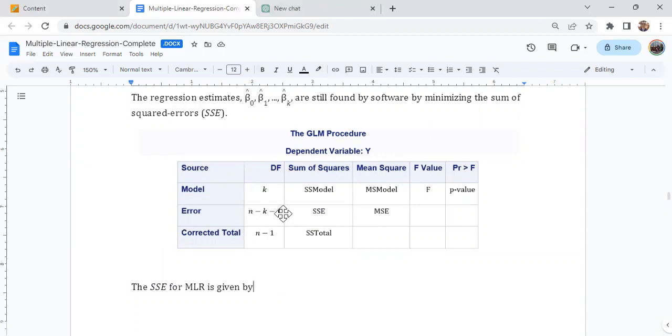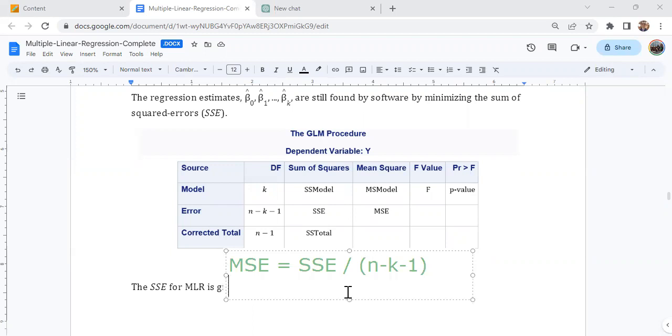You calculate degrees of freedom error and SSE, because the formula for MSE is SSE divided by n minus k minus 1.